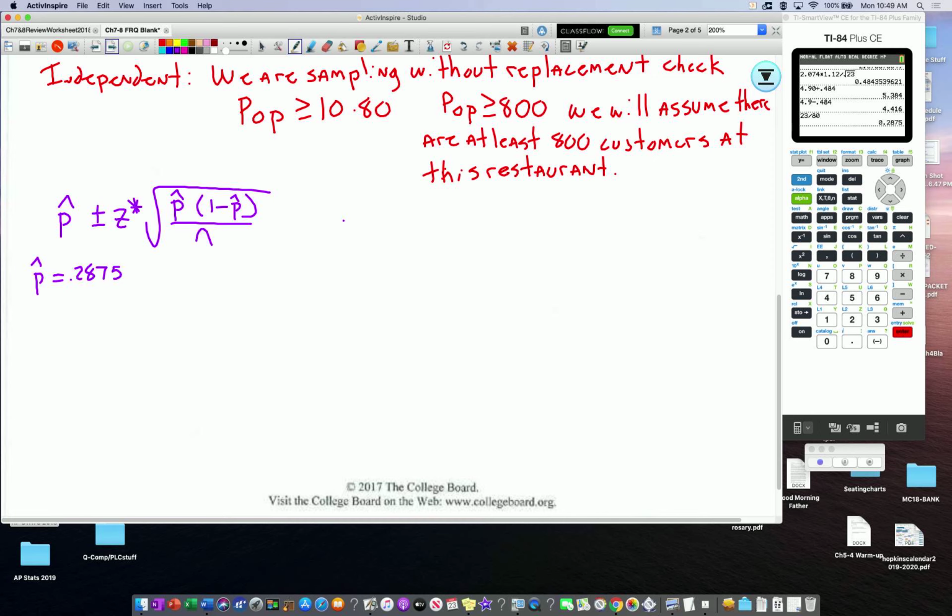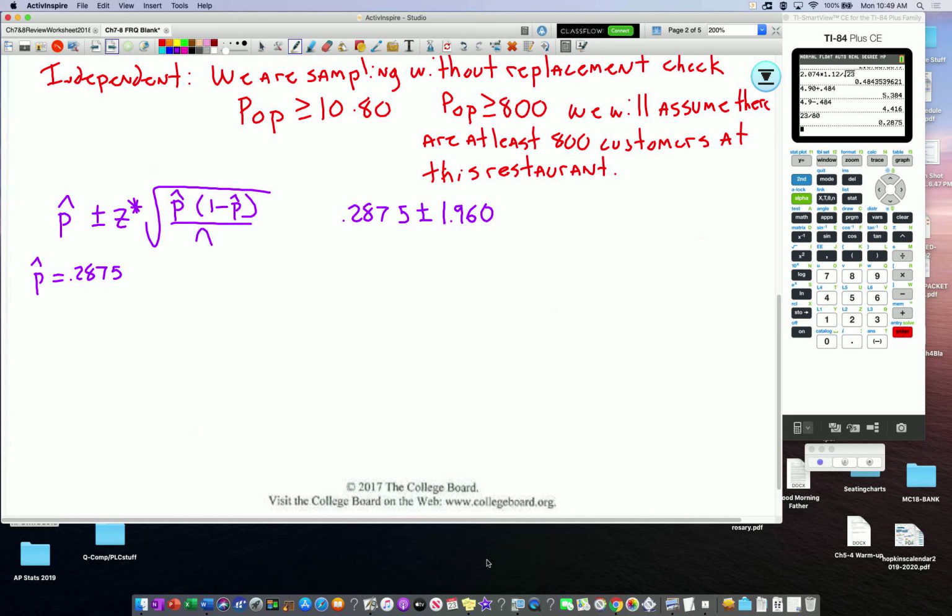For a 95% confidence interval, z star is 1.960.